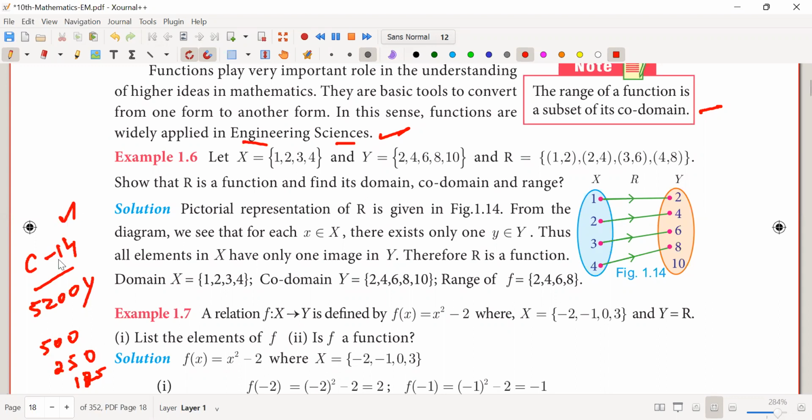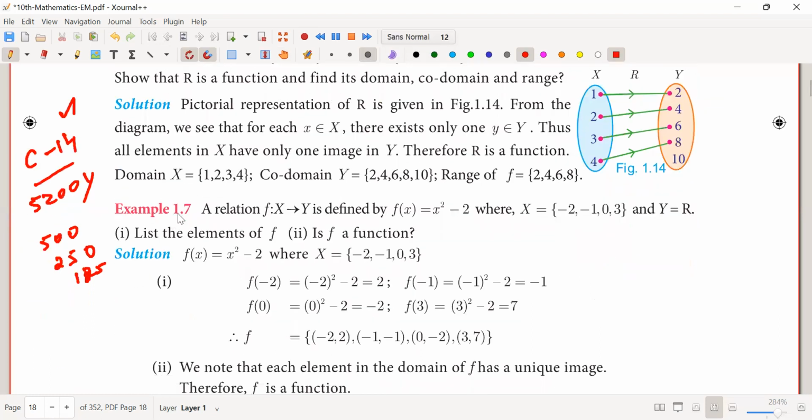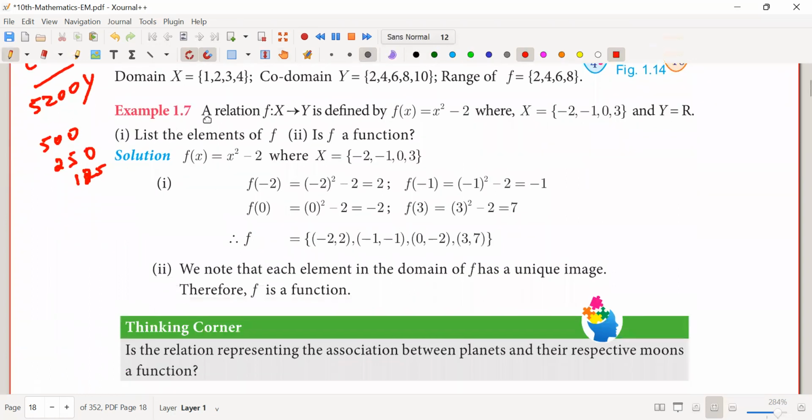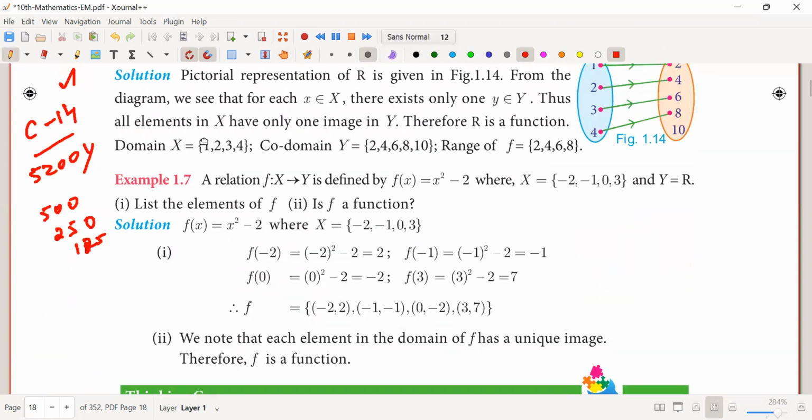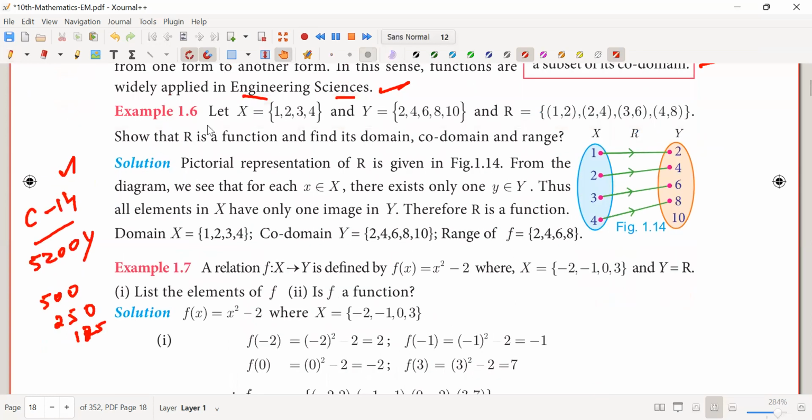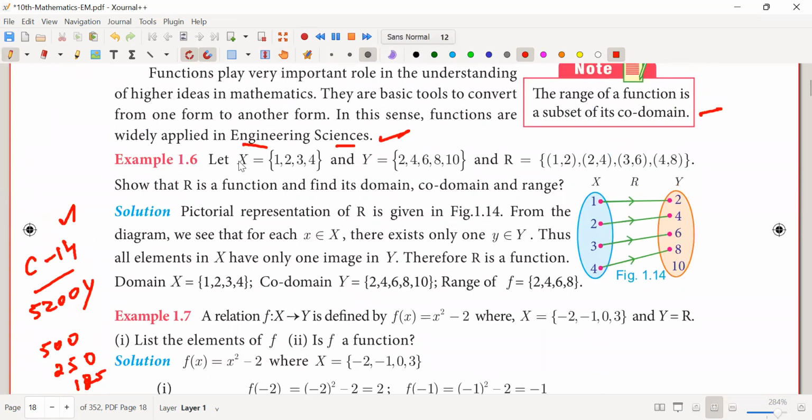So maths is related with science, and science is related with maths. Without this, physics or chemistry will not be easy. So we have to be strong with mathematics. Next. Now you understand the reasons.